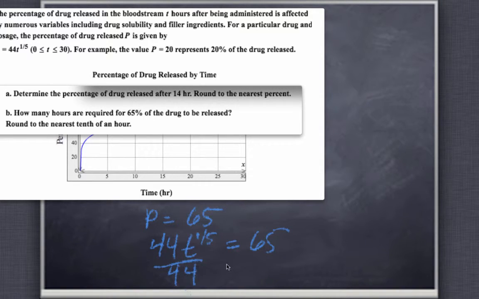So we divide by 44. And then we have t to the 1/5 is 65 over 44. So to get that 1/5 away, we need to take it to the 5th power. So t to the 1/5 to the 5th is 65 over 44 to the 1/5.